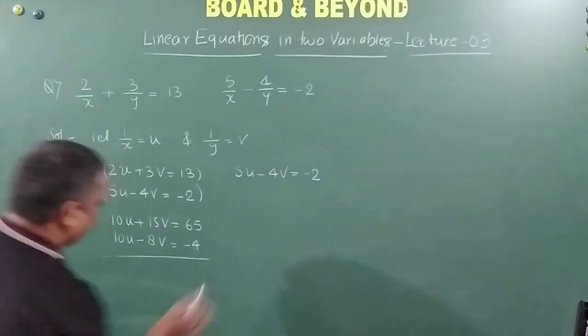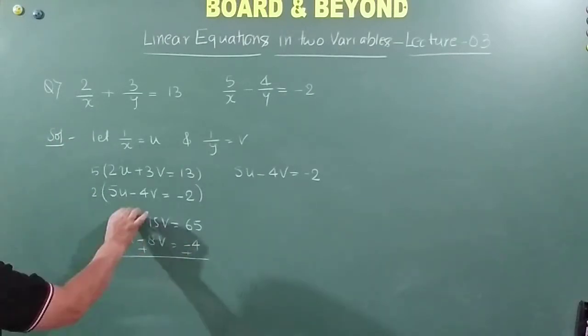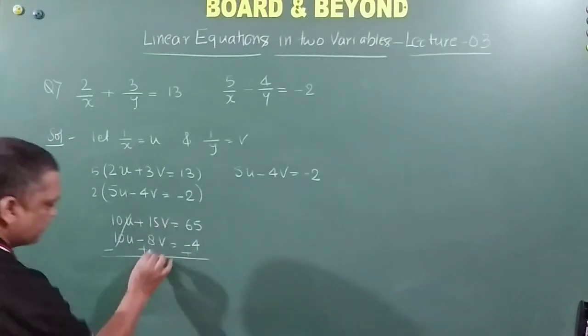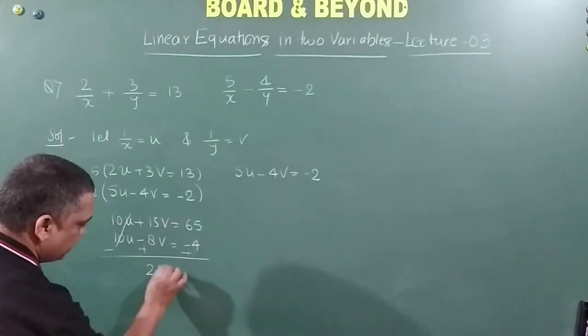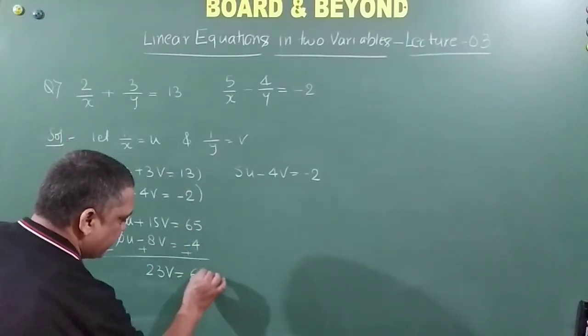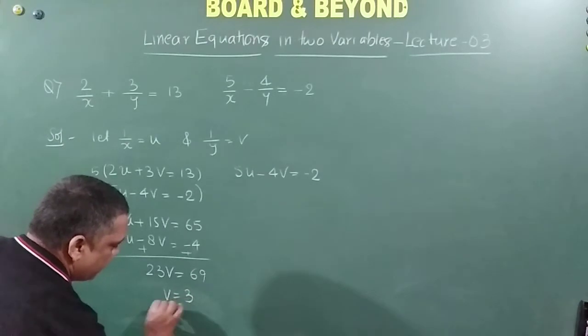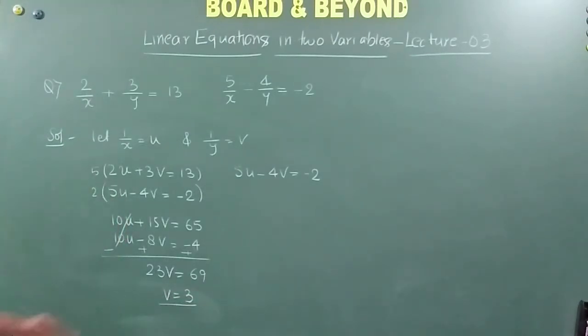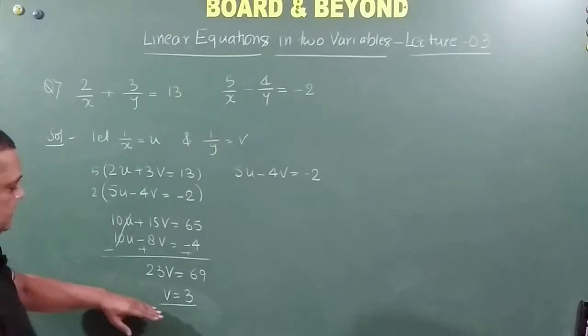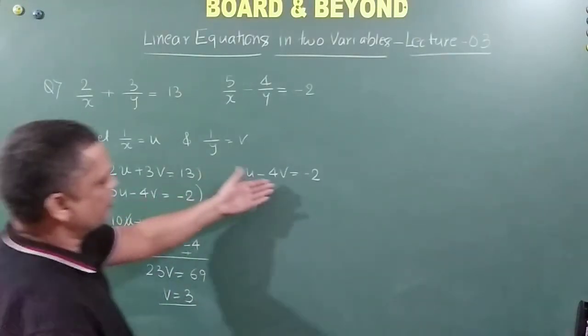Now we will try to subtract this, minus, plus and plus. So this cancels. This becomes how much? 23v is equal to how much? This becomes 69. So v is equal to 3. Okay. Now once we have got the v, then we can actually put it in any one of the equations. Let's put it here itself.